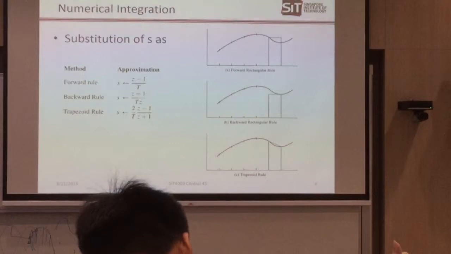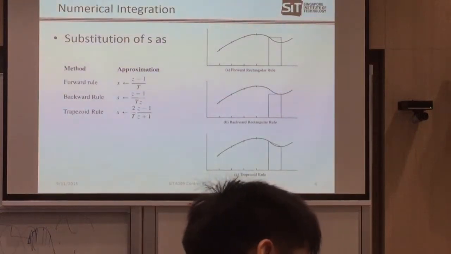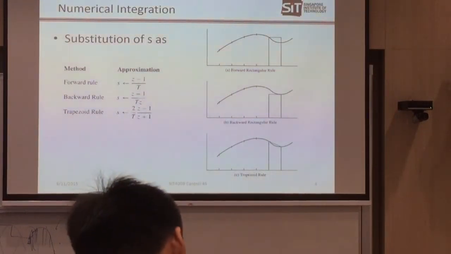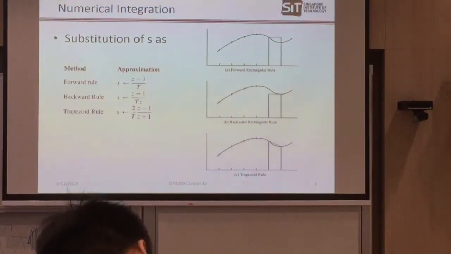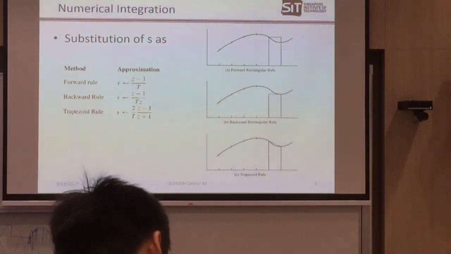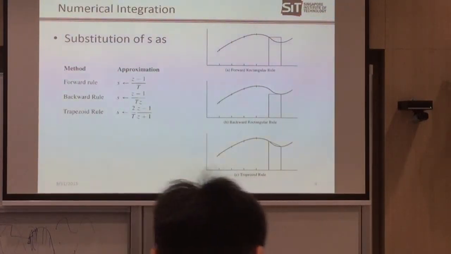So first of all, as I mentioned, there is no identical equivalent Z function to your S function. It depends on which approximation you are adopting. How do you understand it? It is simple.